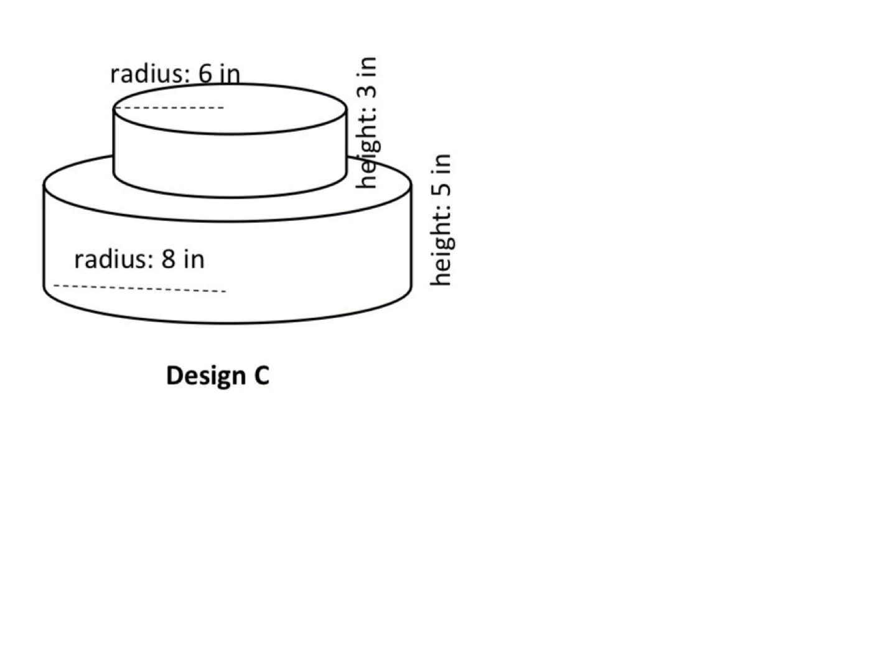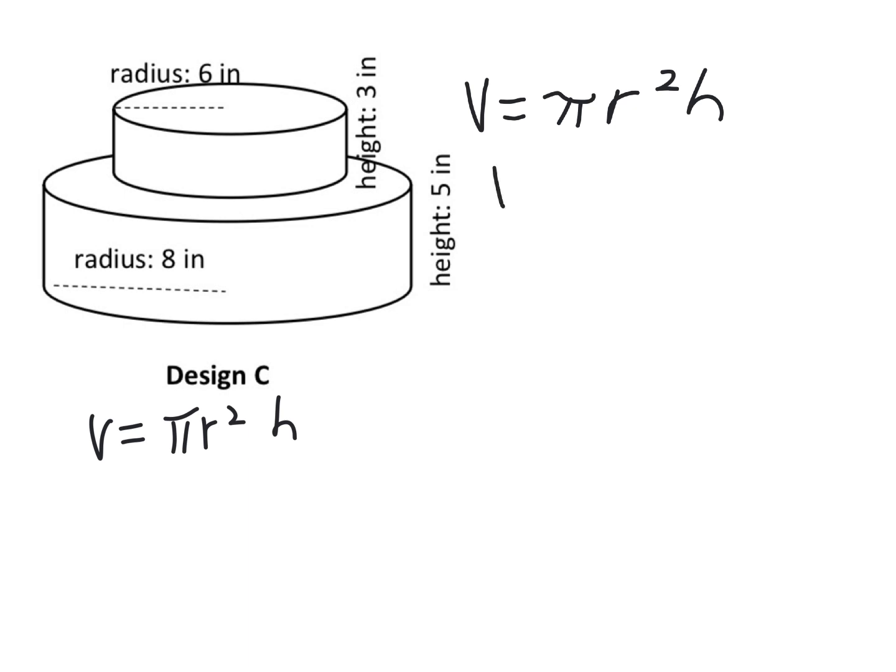Okay, and design C, which I liked from the beginning, I liked the cylinder shape. Just seems a little fancier to me. So a cylinder, the formula was pi r squared h, and we're going to have to do that twice. Okay, so I'm going to do the top, the smaller one first, this one right here. I'm going to use 3.14 for pi just to estimate it.